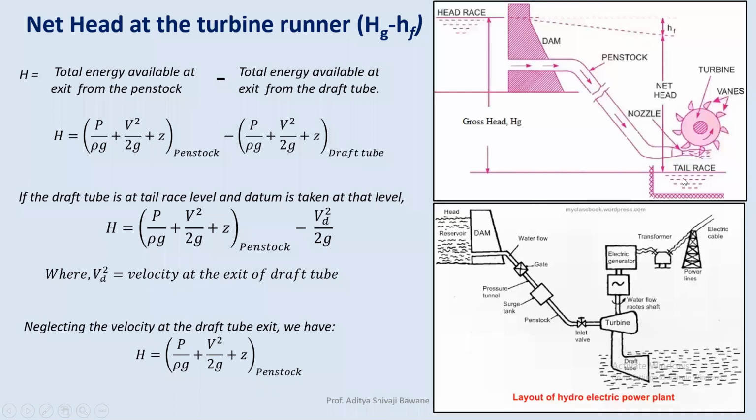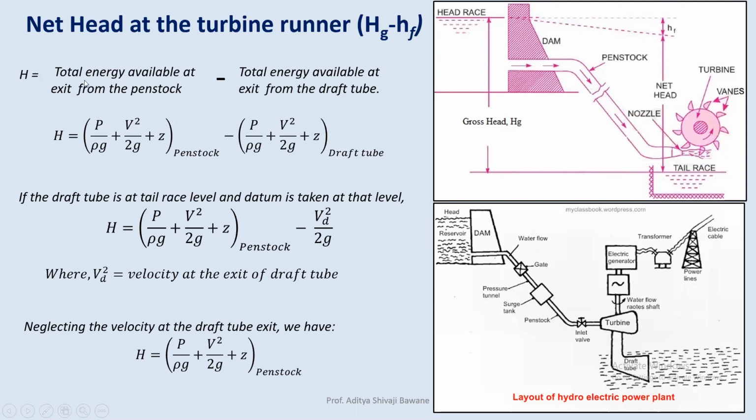Now the height from tailrace to headrace is called the gross head or total head. And what is net head? Net head is the actual head required to produce the power. HF is the frictional head, so that should be removed from the total head.